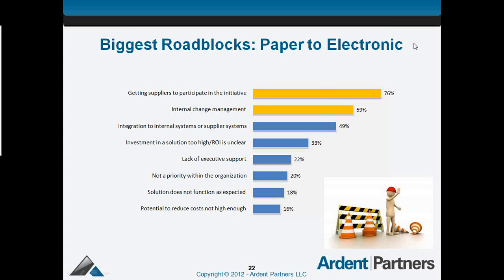And one of those capabilities is a scan and capture type of solution. Another challenge to migrating off paper is the internal change management. And 58% reported this as a big roadblock. And this can really be a big hurdle to any new AP automation initiatives.